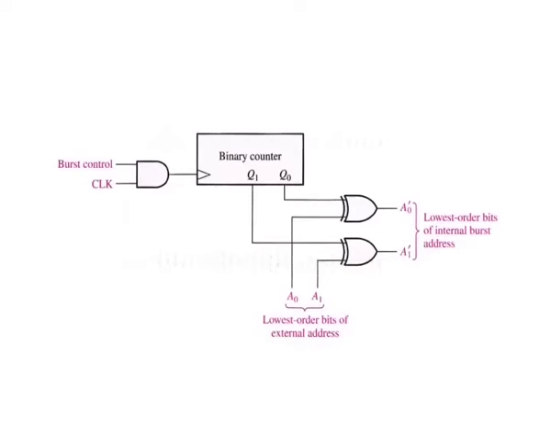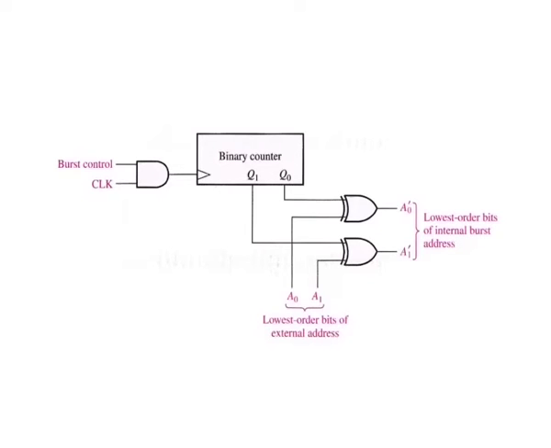The address burst logic in a typical synchronous SRAM consists of a binary counter and exclusive OR gates as shown. For a 2-bit burst logic, the internal burst address sequence is formed by the base address bits A2 to A14 plus the two lowest order bits of the internal burst address.